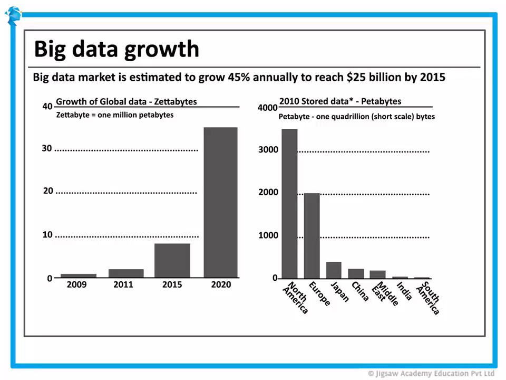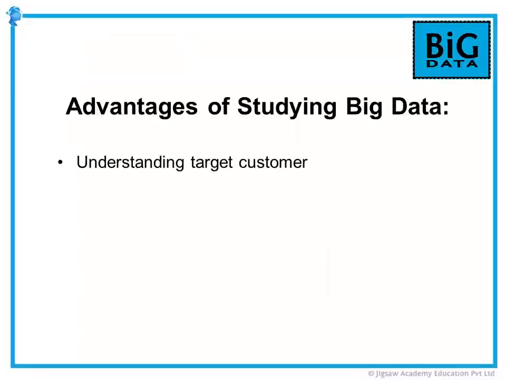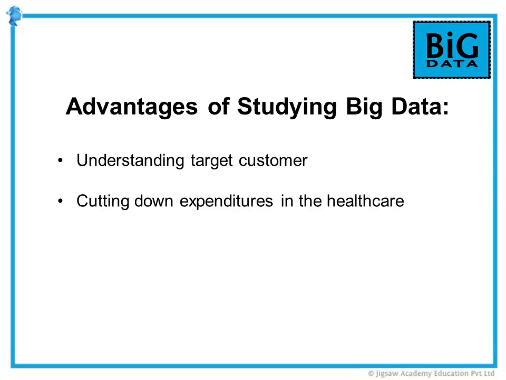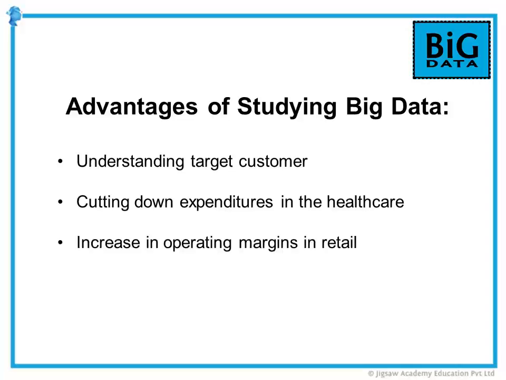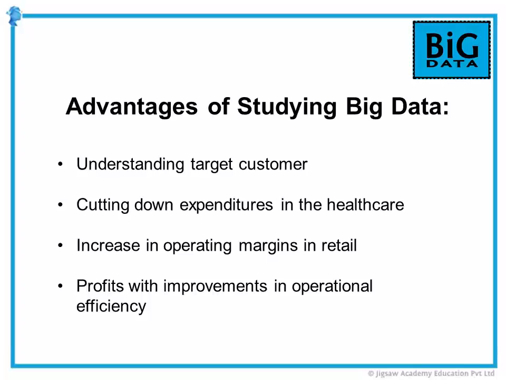Big data is a new kind of challenge because besides its enormous implications, its significance is constantly increasing with the growth in data. Today, big data can mean anything from a single terabyte to a petabyte or even an exabyte. The systematic study of big data across sectors and geographies can lead to results such as understanding target customers better, cutting down of expenditures in the healthcare sector, increase in operating margins for the retail sector, several billions of dollars being saved by improvements in operational efficiency.